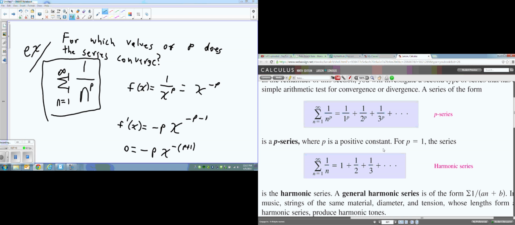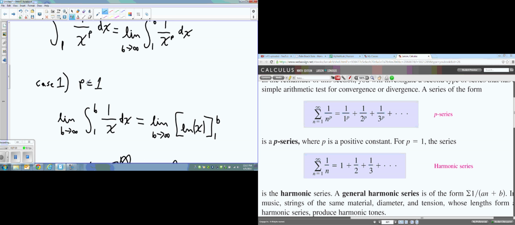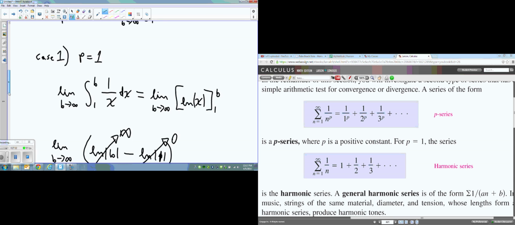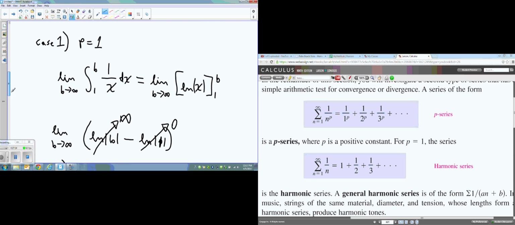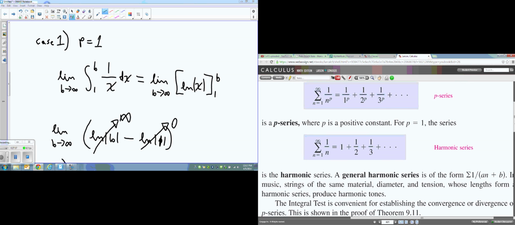And the harmonic series is just the first one we explored where p was equal to 1. Case 1 here, if p is equal to 1, and we said that kind of series diverges. So this series diverges if p is equal to 1, because the limit here is infinity. That's called a harmonic series. The harmonic series is a p series where p is equal to 1.